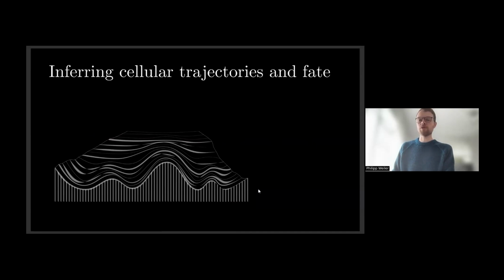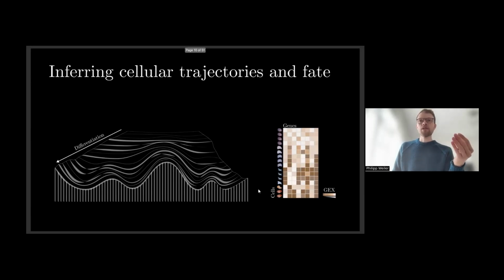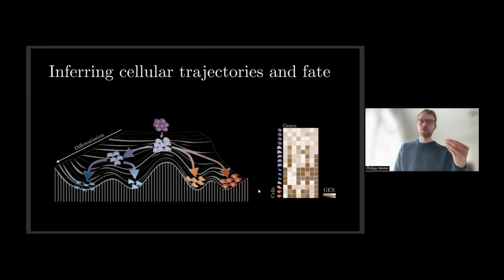Valleys are stable, so you tend to find cells that live in these states. And along this landscape, we observe differentiation and development. The task now, given the data we measured experimentally, is to first align these different cell types along the landscape, and then understand how these different cell types evolve into one another.